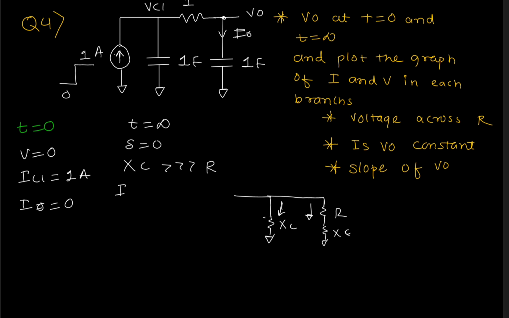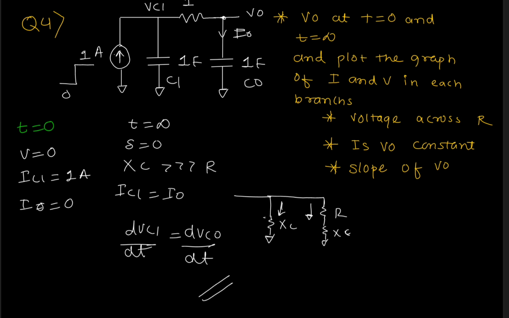Yes, so IC1 and I0 will be the same, and as the capacitor values are the same, dVC1 by dt is equal to dVC0 by dt. This is C0 and this is C1. So both the capacitors are getting increased with the same rate.